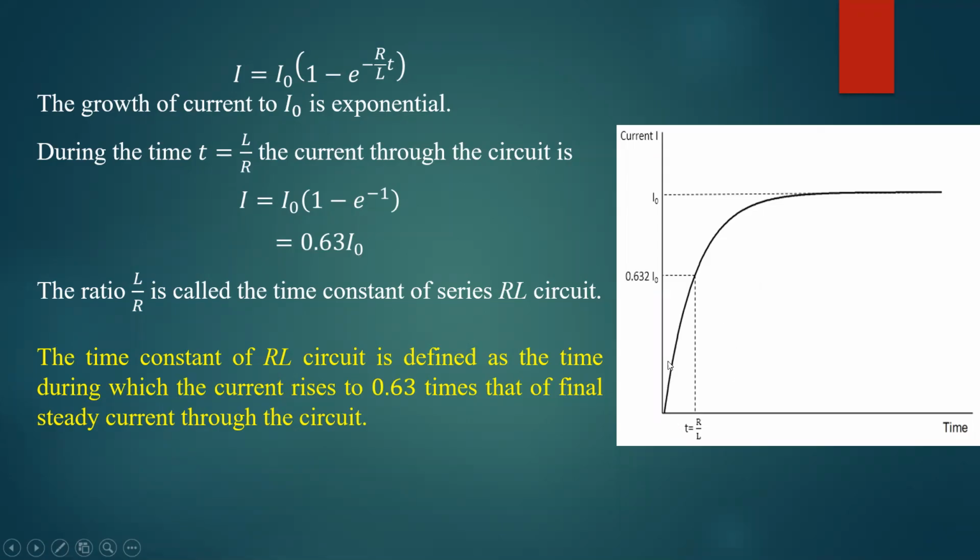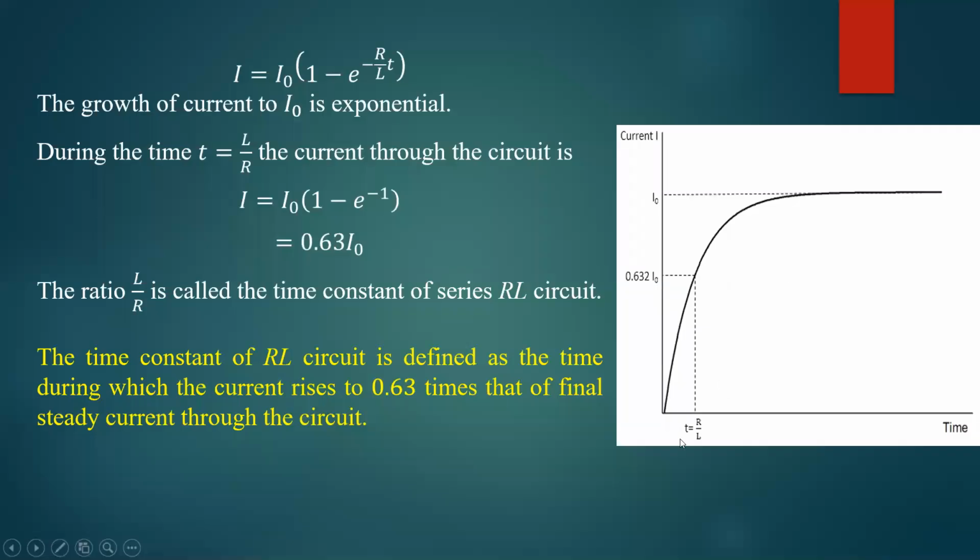In the graph, you can observe the variation of current with time. As time increases, current increases and becomes steady after a certain time. That maximum current is I naught. When T is equal to L by R, it should be L by R, not R by L. It should be L divided by R, so there is a typing mistake. When T equals L by R, the current becomes 0.632 times I naught.